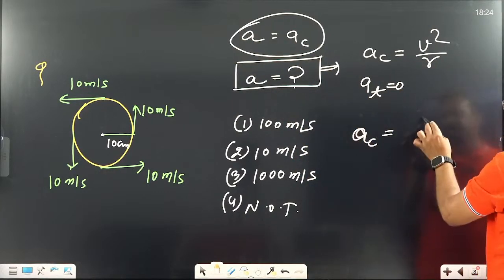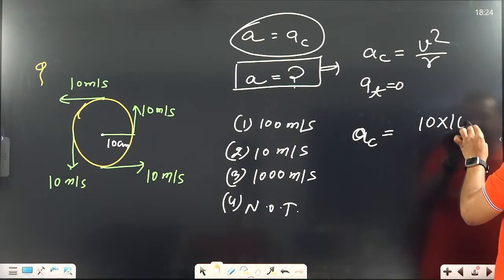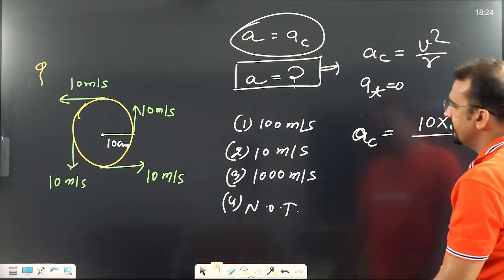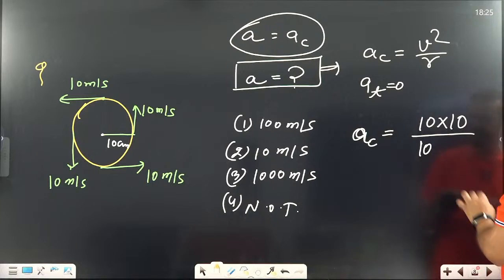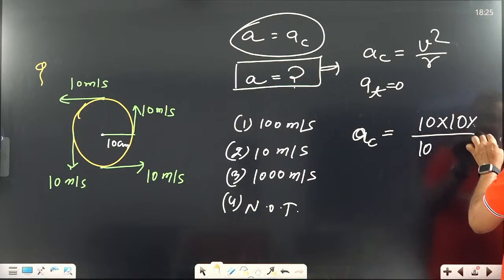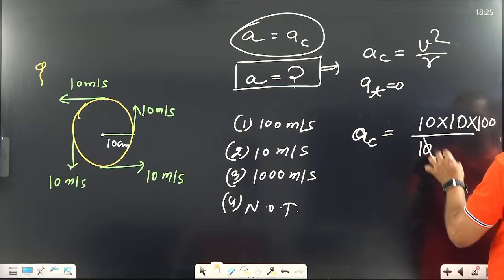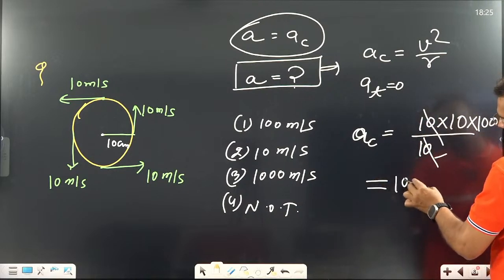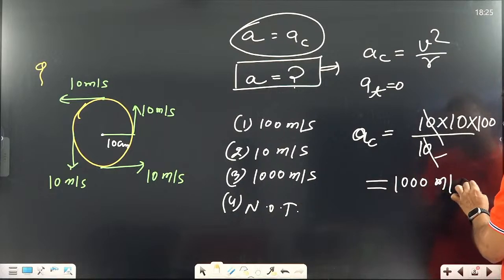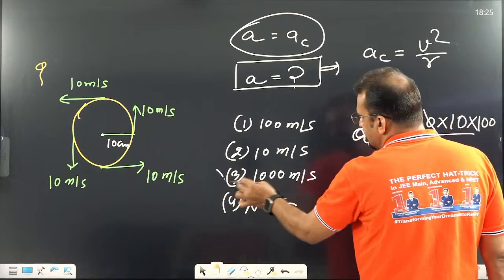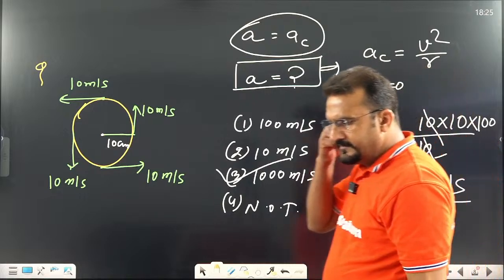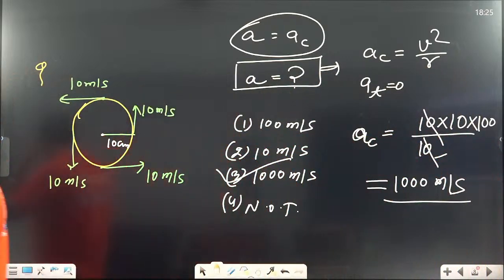V is given as 10 meter per second, 10 square in the sense 10 into 10. And what is R? R is 10 centimeter. Centimeter converted into meter means divided by 100. 100 will be on the upper side. This is 1000 meters per second. I think you are getting that this is right. Yes or no? Yes, very good, dear student.